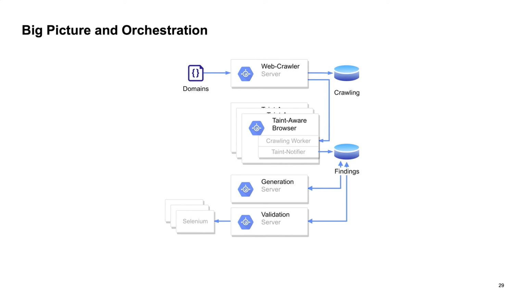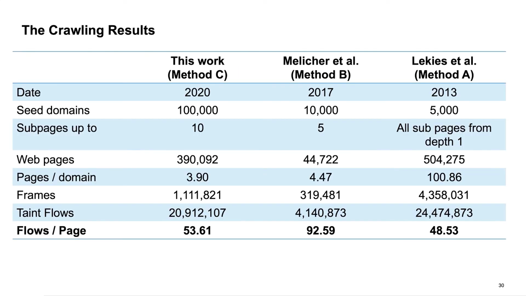In a second phase, the generation service will generate for each relevant flow an exploit using methods A, B, and C. And in the last phase, these exploits will be checked using the validation service, which then visits each crafted URL using a headless browser. And here are the results of the crawling phase in comparison with those from the two previous works.